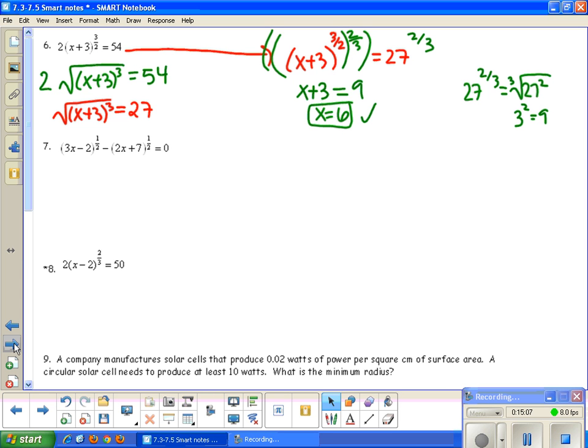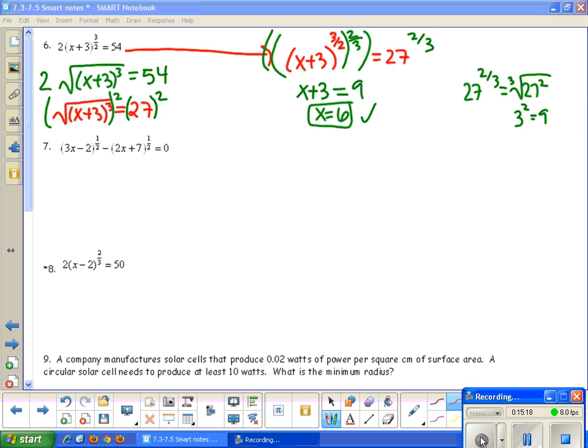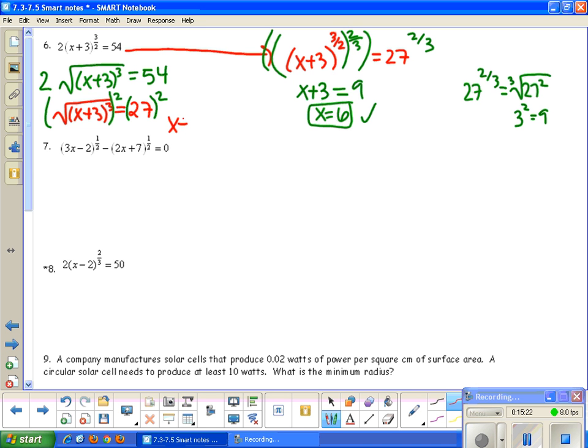How do I get rid of index of 2? I take both sides to the power of 2. So when I do that, I get x plus 3 equals 729.